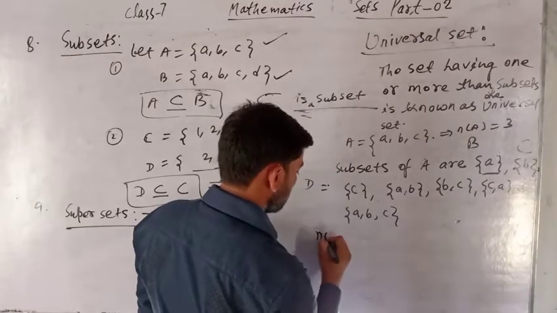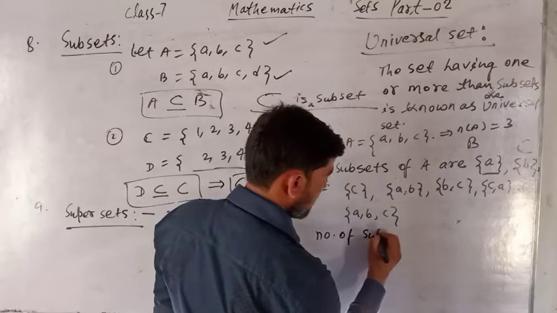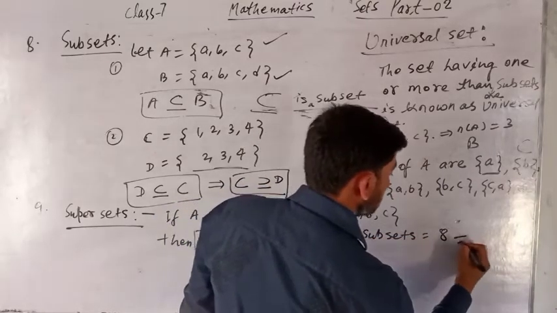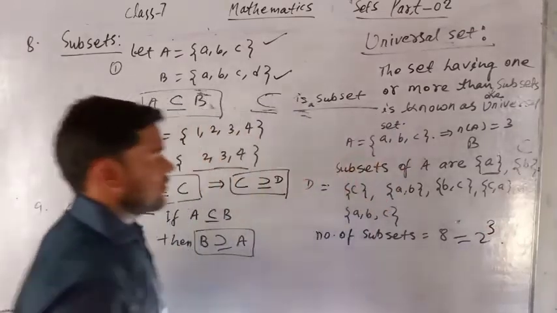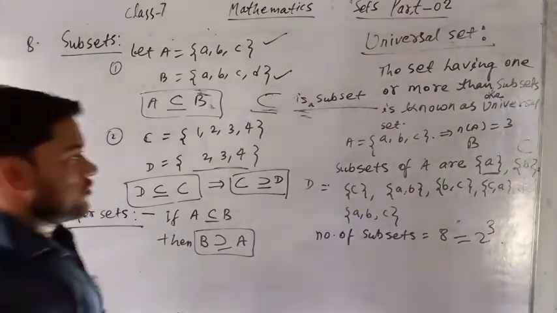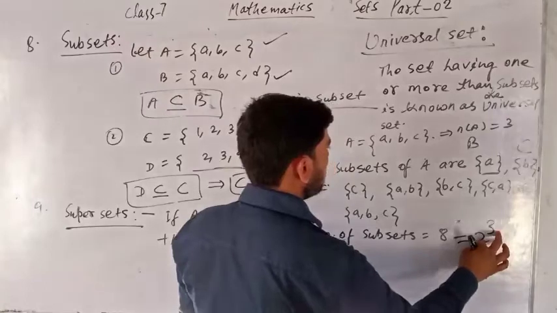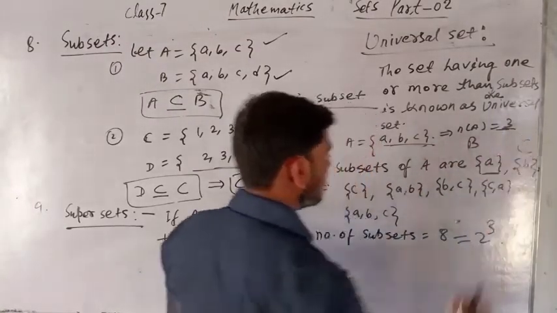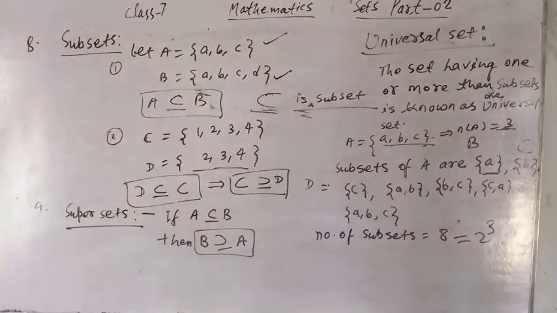The number of subsets is equal to 8. It means 2 to the power 3, where 3 is the number of elements, the cardinal number.